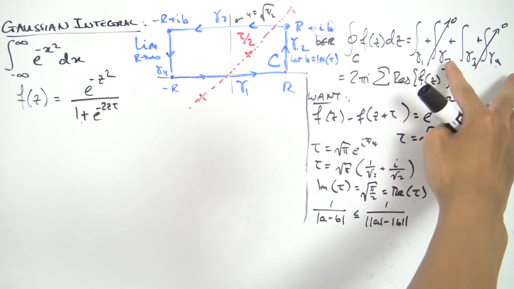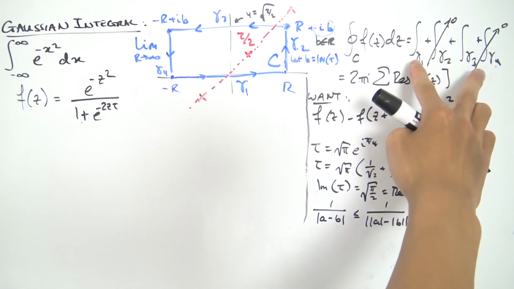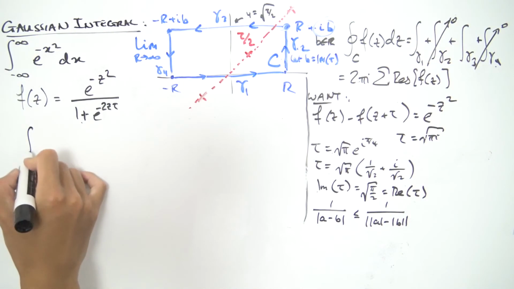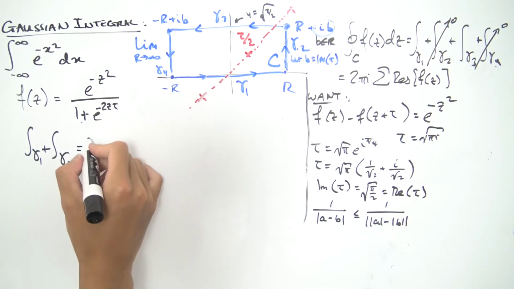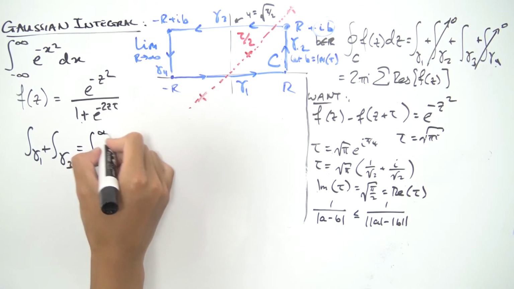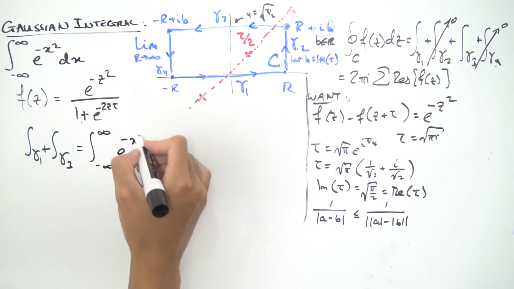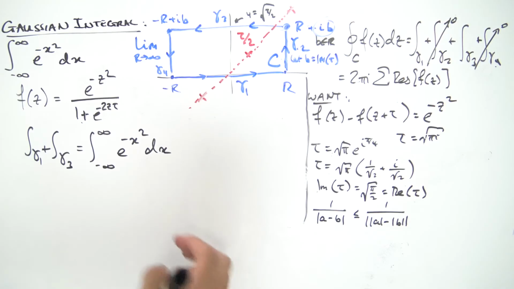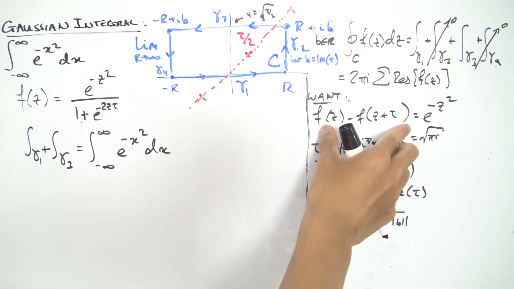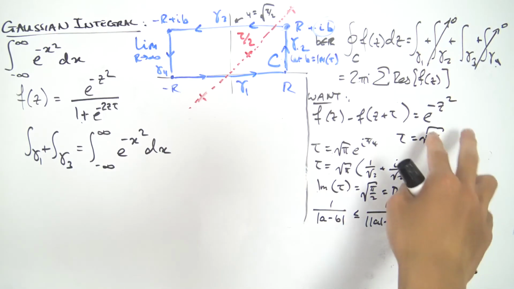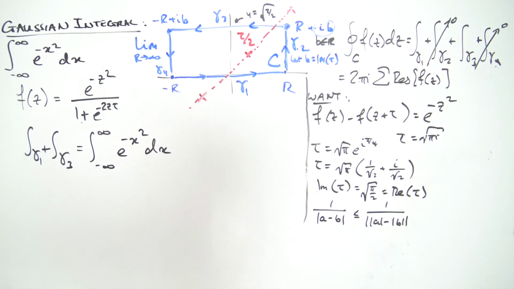So far we've shown that these two integrals go to 0. We've shown that the integral over gamma 1 plus gamma 3 evaluates to the Gaussian integral, which is the integral from minus infinity to infinity of e to the minus x squared dx. Because remember, from these two integrals, we had this function over here, which we really wanted to be equal to that Gaussian integrand.